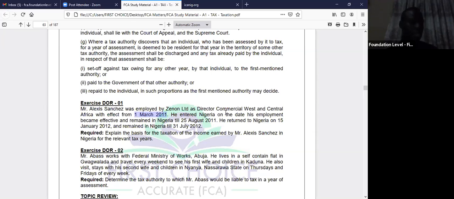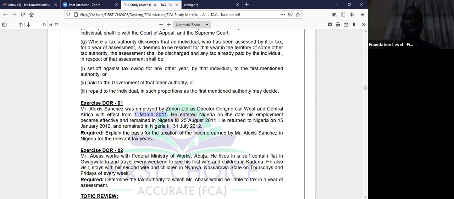June has 30 days, add 30 to it. July has 31 days. If you add 31 to it, up to July 31st you have 153 days. Now, August, he stayed till August 25. So add 25 to that, you have 178 days.